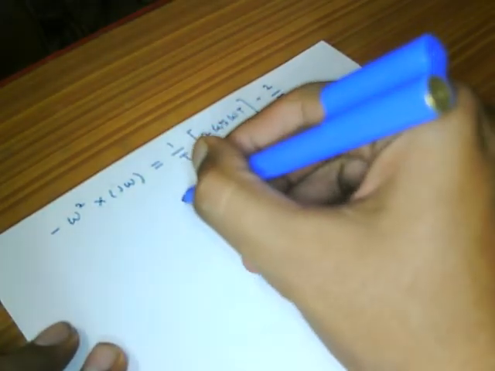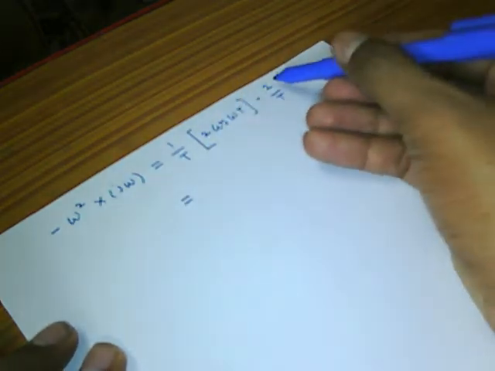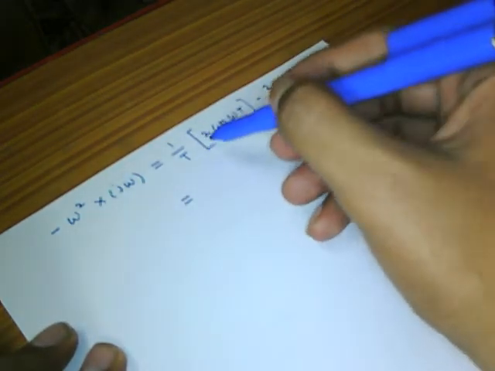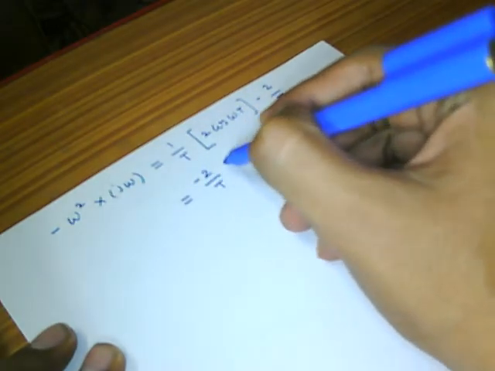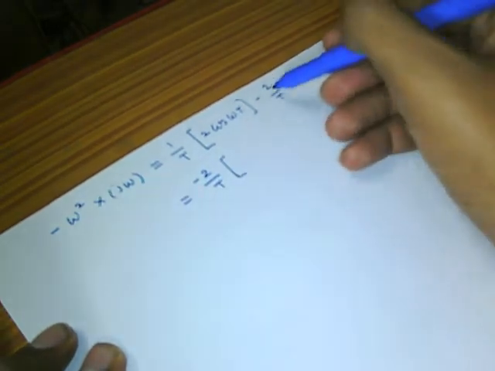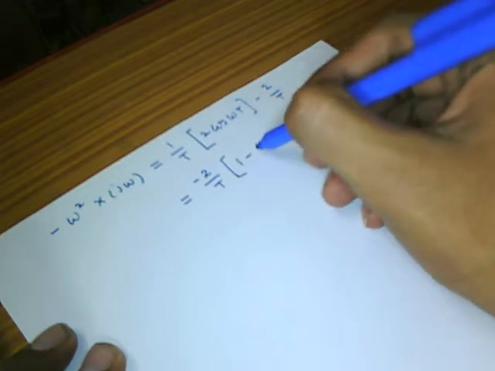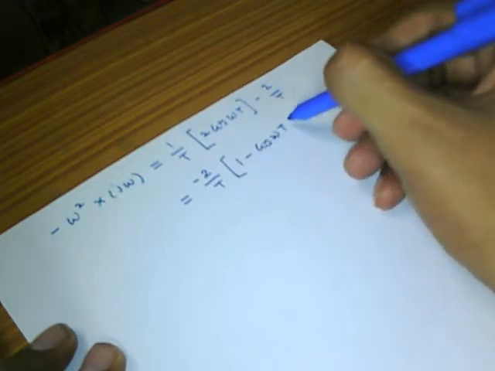For both terms 2 by T is common, so I take minus 2 by T out, and I will get 1 minus cos omega T.